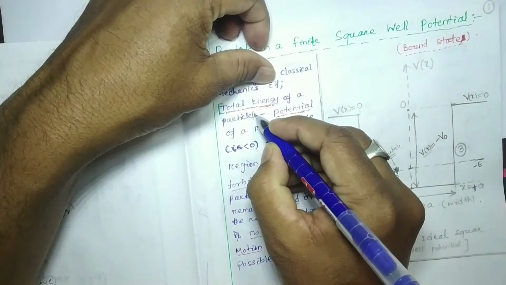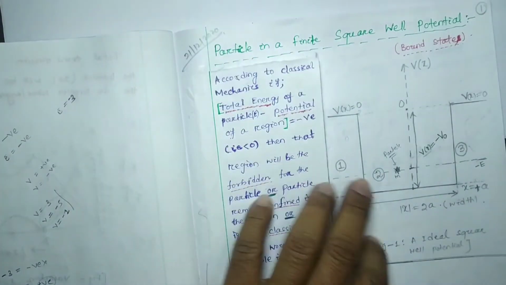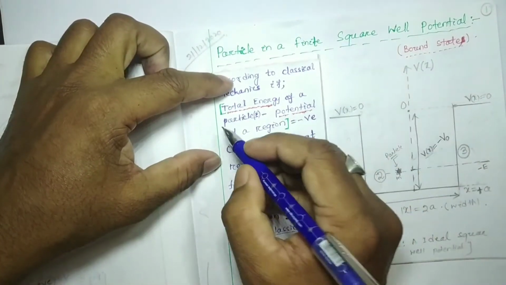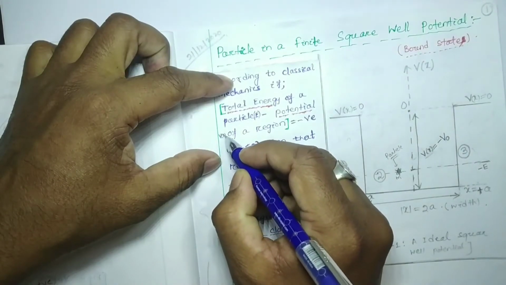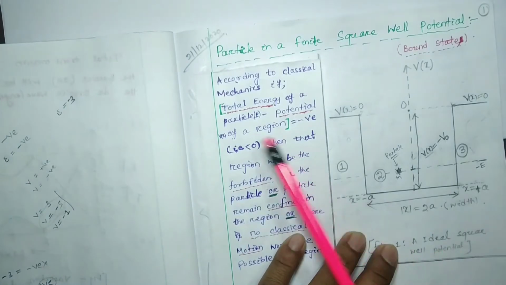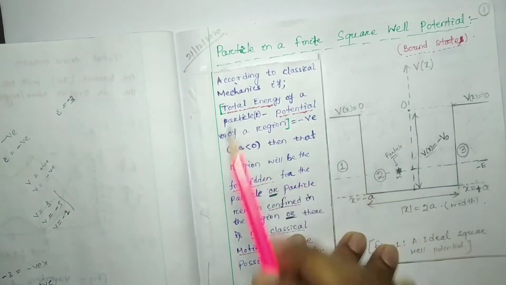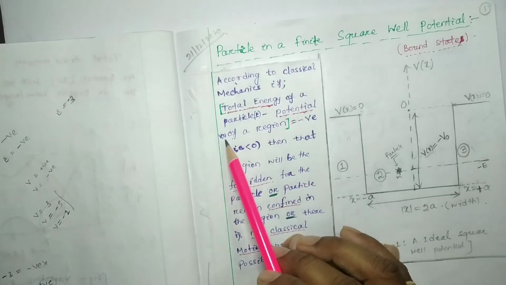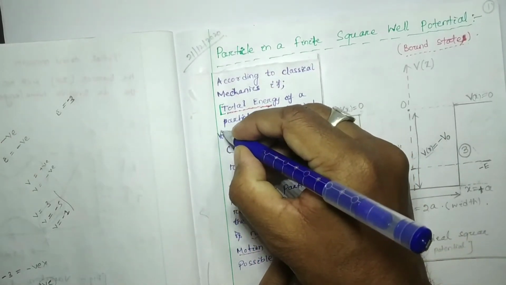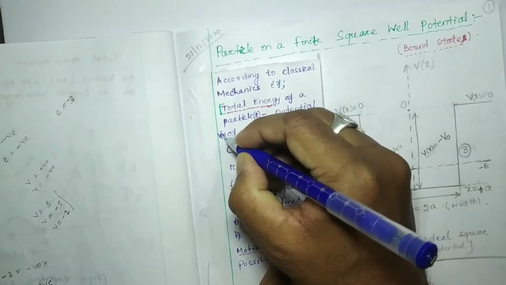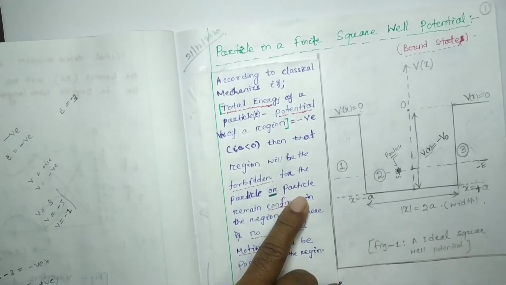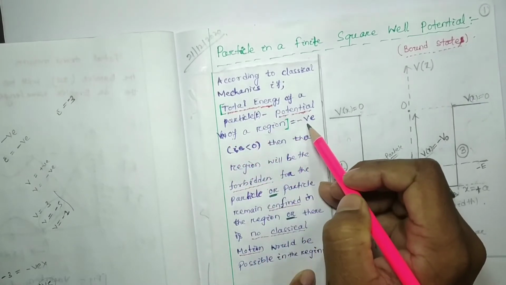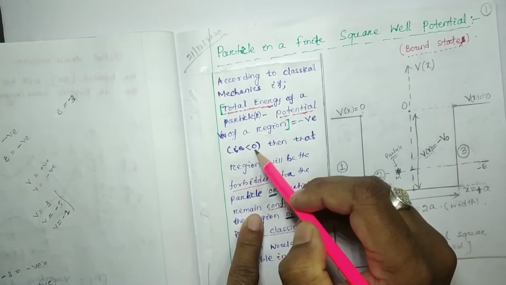Total energy of a particle minus potential, V of x, that means we are discussing one dimension only. If the total energy of the particle E minus the potential V(x) of a region is equal to a negative value, that means it is less than 0.